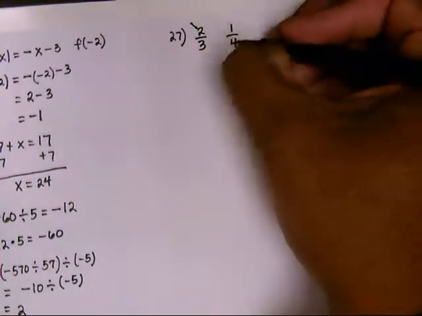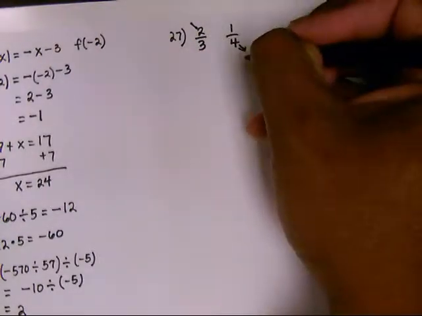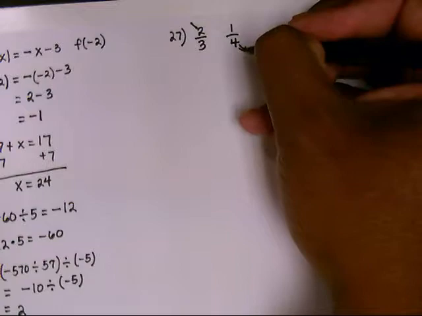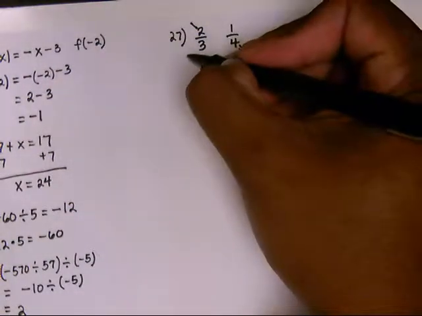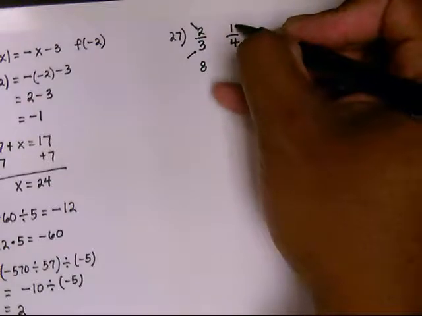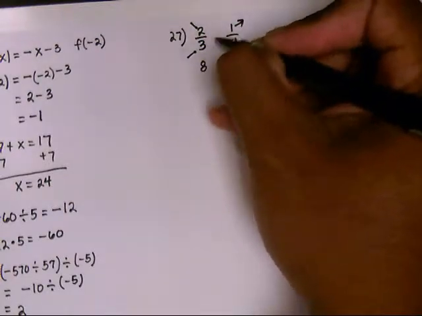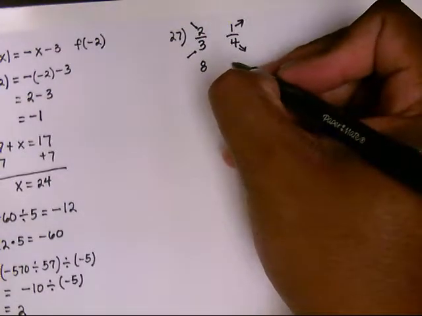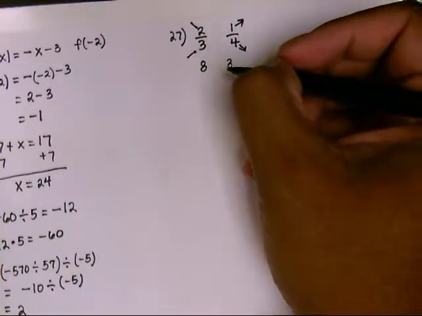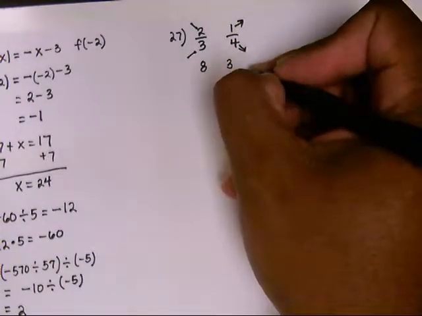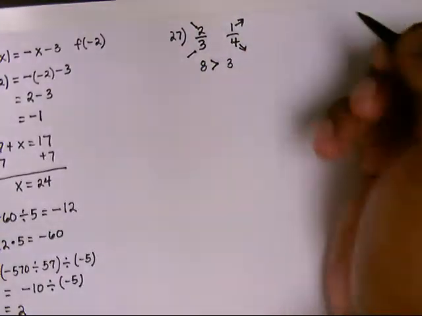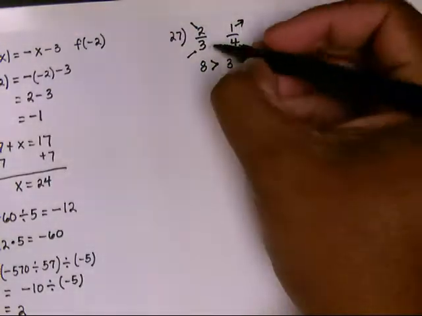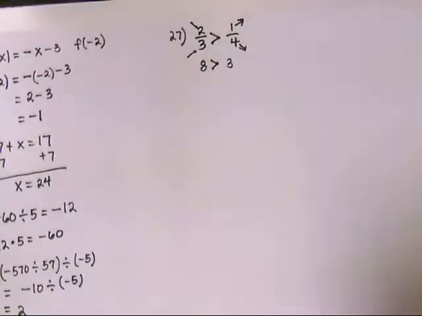Let's start with the cross product going from the upper left to the lower right. 2 times 4 is 8. And then the cross product going from the lower left to the upper right. 3 times 1 would be 3. Compare 8 with 3. In this case, 8 is greater than 3. So 2/3 is greater than 1/4.